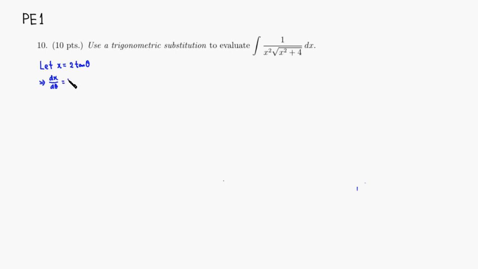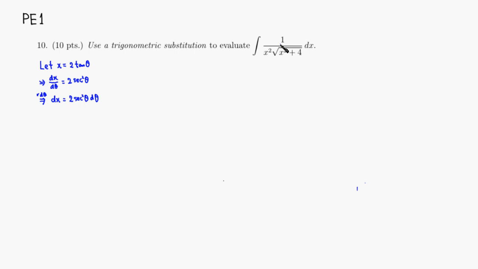We get 2 secant squared of theta. Then multiply through by d theta to find an expression for dx. So that's 2 secant squared of theta d theta.